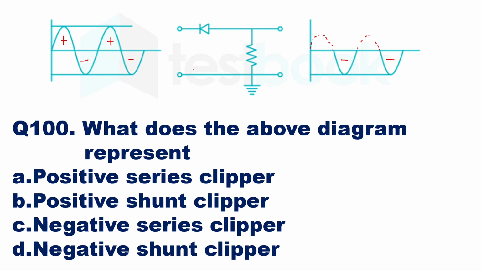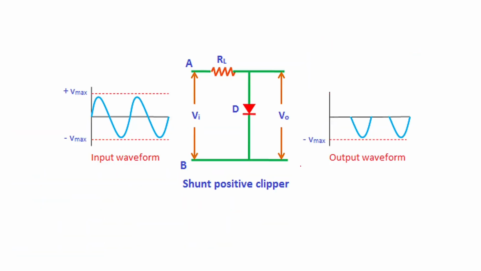Now in that also, if you see, this diode is in series with the load, so it becomes a positive series clipper. So this will be the right answer, positive series clipper, because in series the diode is in series with the load, and in shunt the diode will be parallel with the load. If you have to see a positive shunt clipper, then the diagram will look like this.